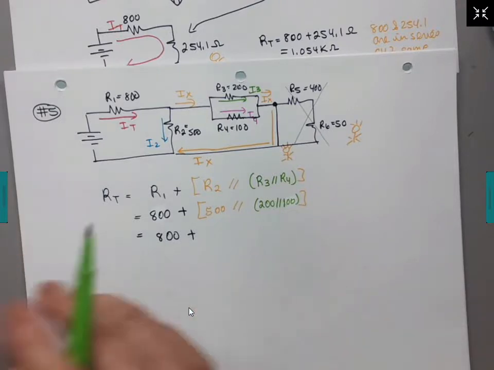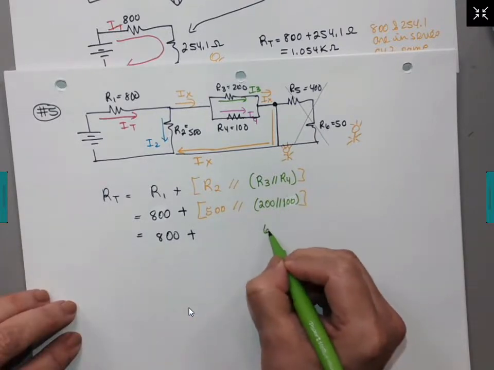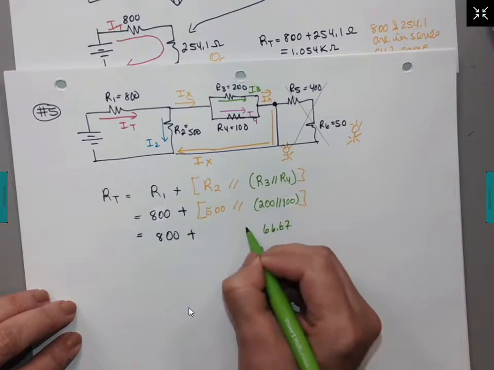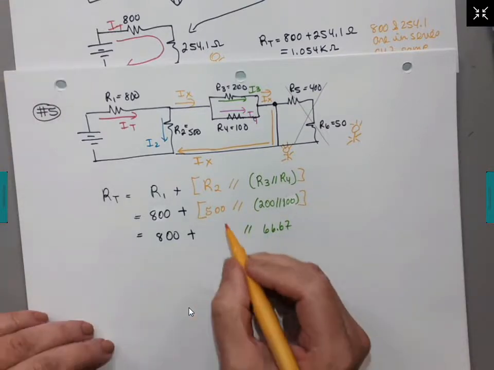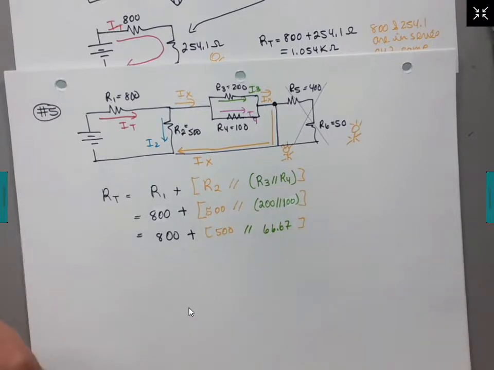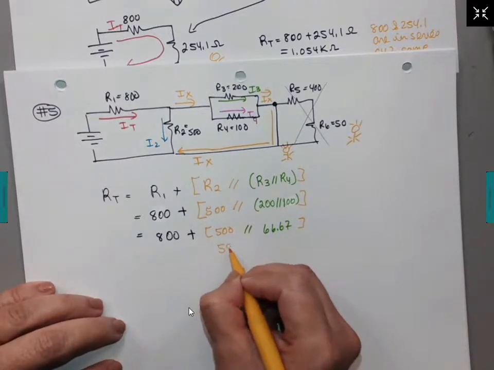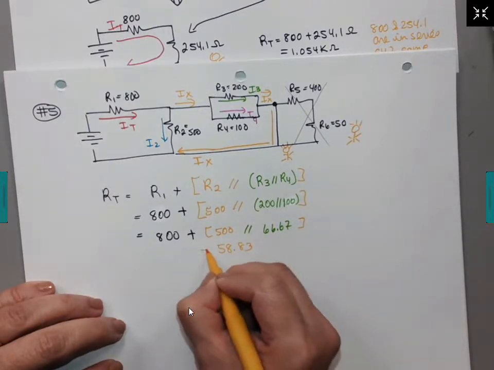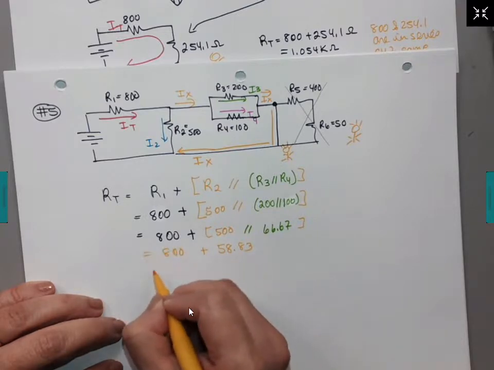So 200 in parallel with 100, you said 66.67. And in parallel with 500? 58? Wow, not that I don't trust you, but you know. I don't trust anybody when it comes to math and money. 58.83, you were right. Alrighty, 58.83 plus 800 is 858.83.